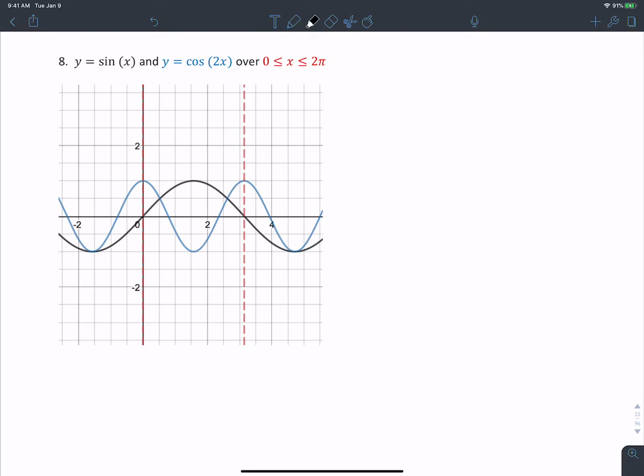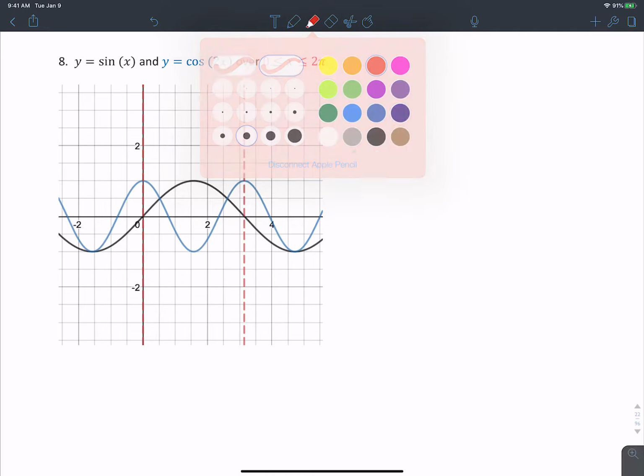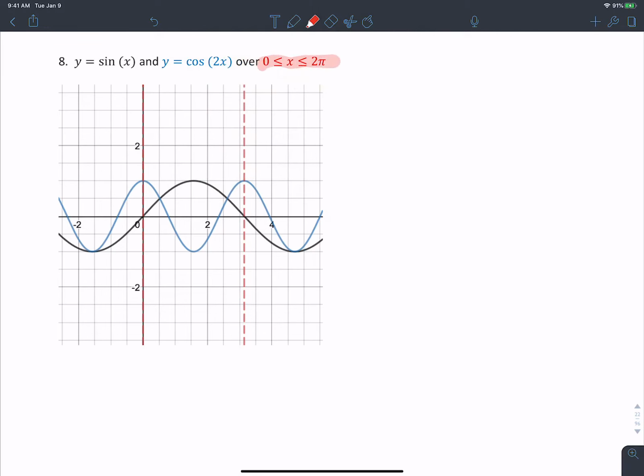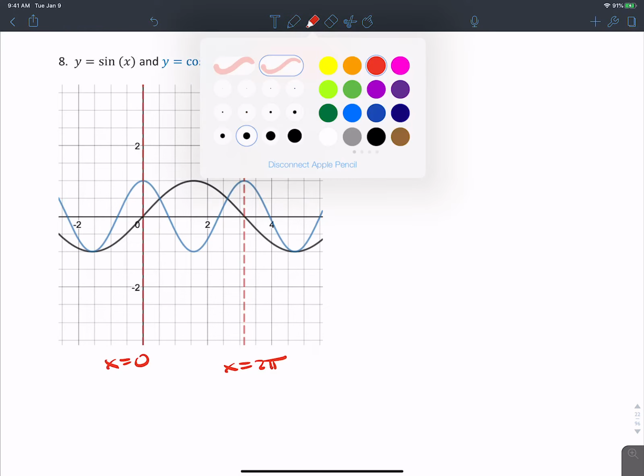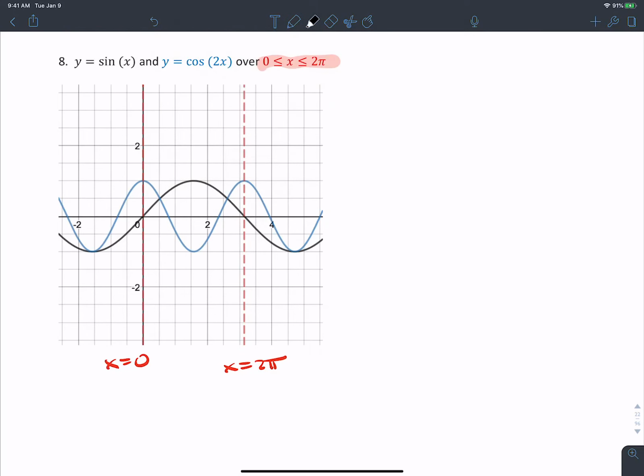Notice this. What's the interval? 0 to 2 pi. So over here, x is 0. What's this? X is 2 pi. So let's remark here. We have this area to find, this area, and then that last area.